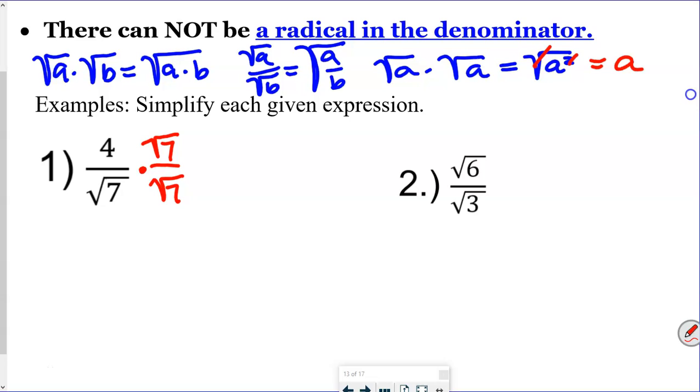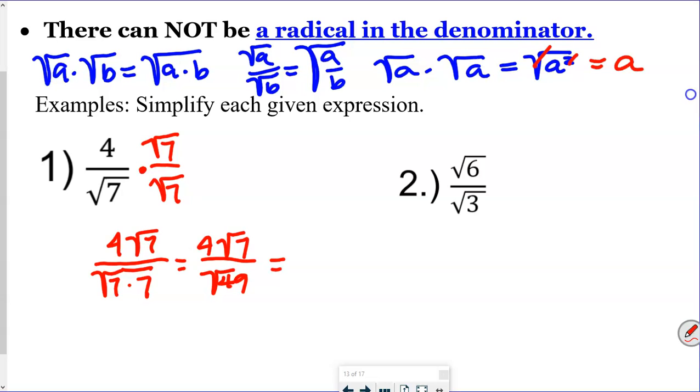So that's going to give us on top 4 square root of 7, and then on the bottom we've got the square root of 7 times 7, right? So that's going to be 4 square root of 7 over the square root of 49, which we should all know is 7, right? Okay, so that's the answer to that one.